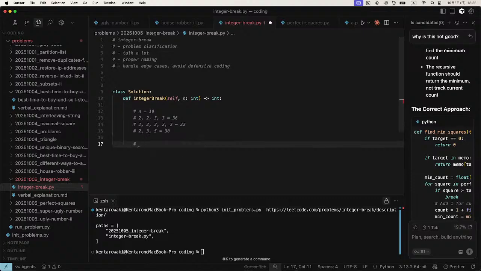But we can find a sub problem like 10 minus 2. But I'm not sure choosing 2 is the best option, so maybe I have to check about this case.